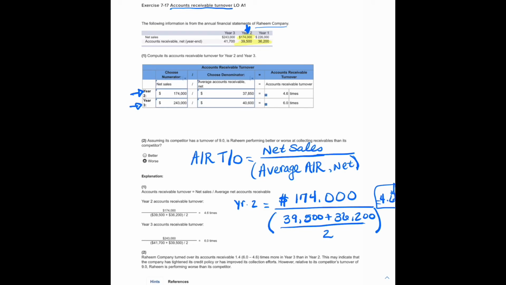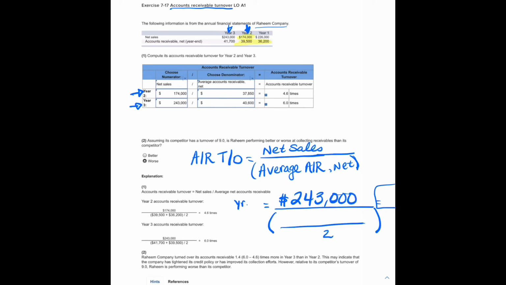So now we'll do the exact same math for year 3. So for year 3, what we're going to do is I'm going to take my year 3 sales number of $243,000.